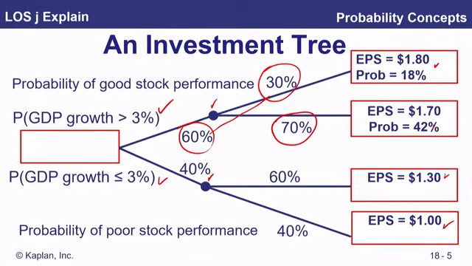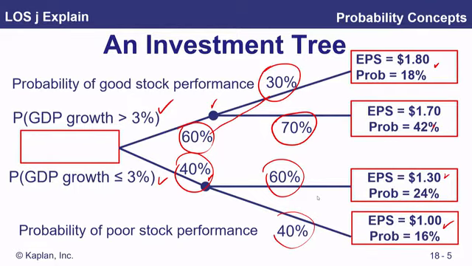And as we move down the tree, 40% times 60% is going to be 24%, and 40% times 40% is going to be 16%. If we fill all those in and add all these up, that's 100%. So that covers all our possible outcomes.